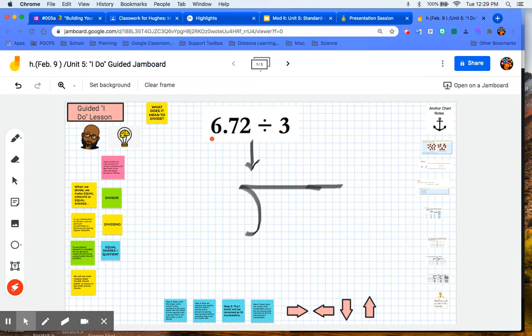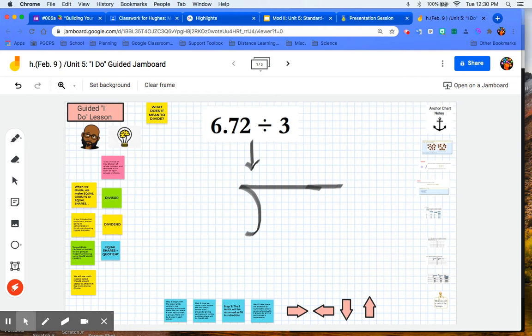If I were to read this number expression, I would read it 6 and 72 hundredths divided by 3.